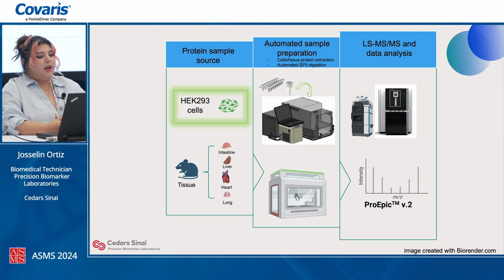We would resuspend them in our lysis buffer, and depending on the cell population amounts, you would either use the strips or the MT130s, but regardless, you would resuspend the cells in our lysis buffer, and then we would place them on our Covaris LE220-plus instrument and do a BCA to determine protein estimation. Once that was completed, we would be able to do our automated SP3 digest. Once the digest was complete, we would place them on our Astral, and they would be analyzed using DIA-NN in a perfect environment and library-free mode.